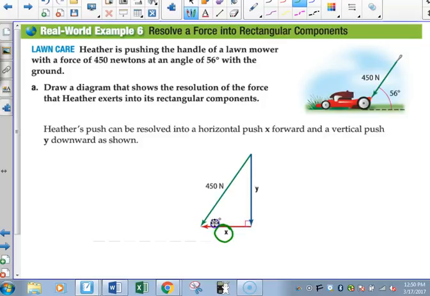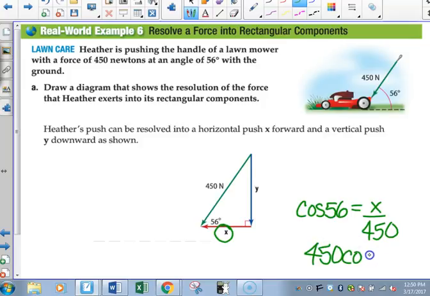This is adjacent and hypotenuse is known. So we could say the cosine of 56 equals adjacent over hypotenuse. And we'd end up taking 450 times the cosine of 56 degrees. And that would give us which, horizontal or vertical? Horizontal, yes, the X component.